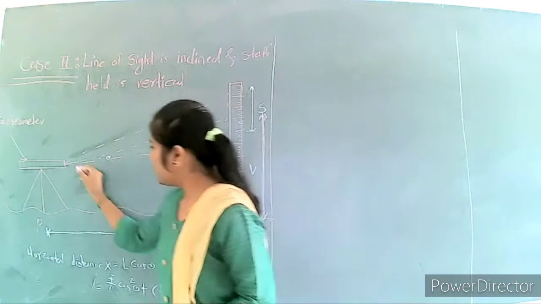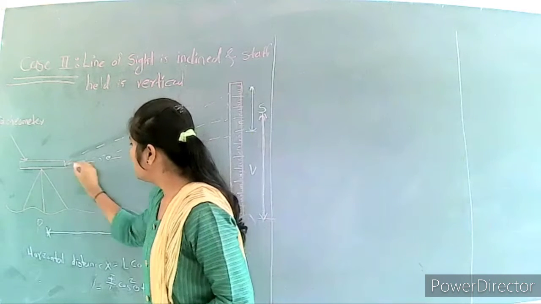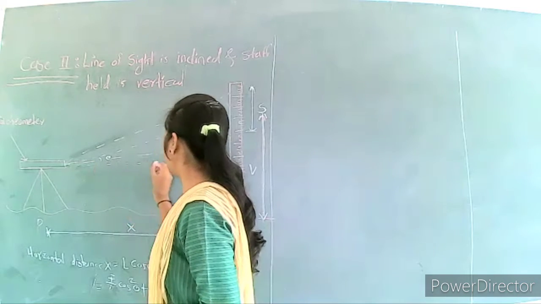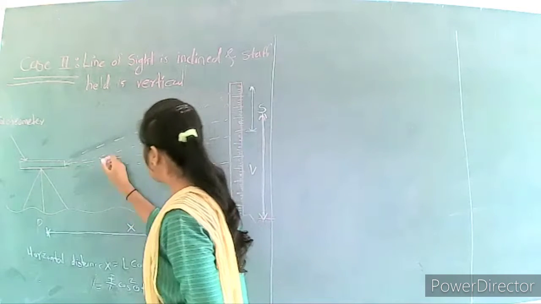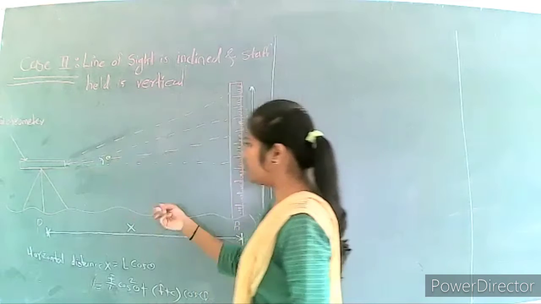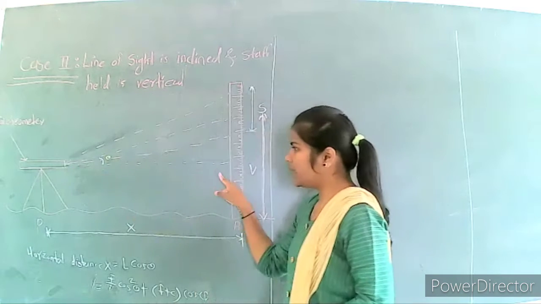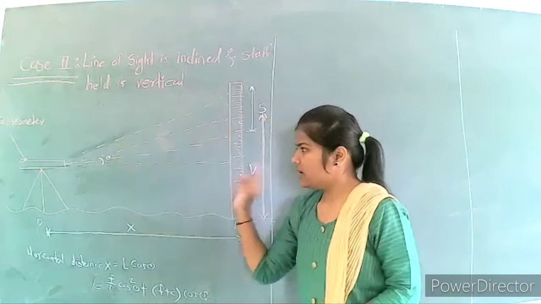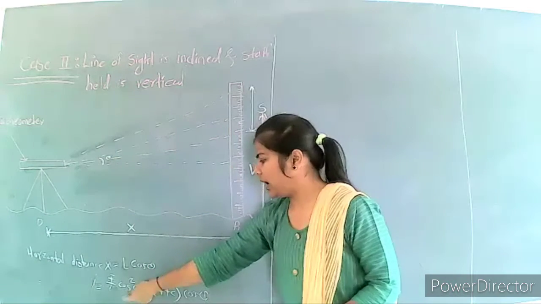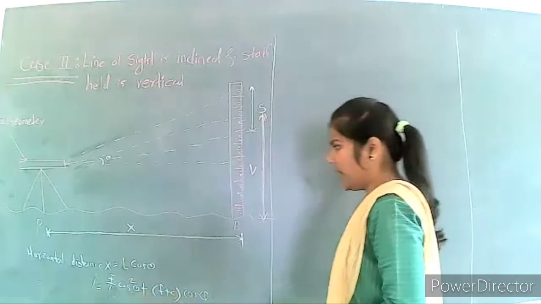It is the inclined angle between the axis of the instrument and the central hair reading. Theta is the angle between the axis of the instrument and the central hair reading. From this we calculate theta and put it in this formula.